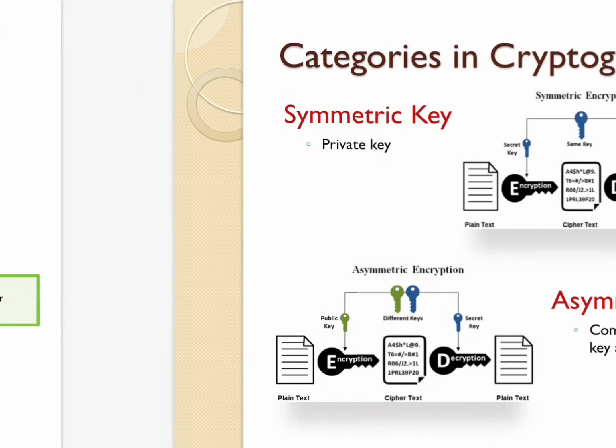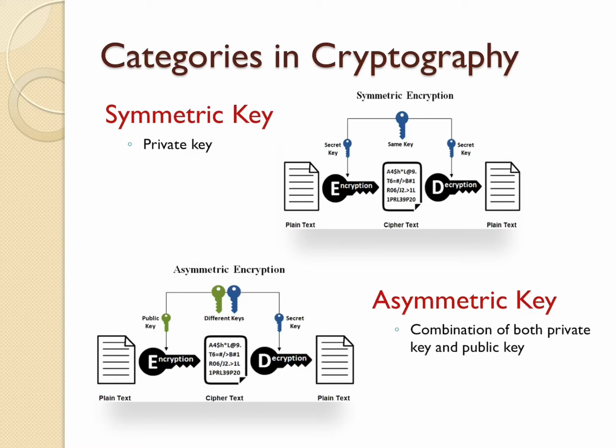Now we are going to see the next slide, categories in cryptography. We have two categories, that is symmetric key and asymmetric key. In symmetric key, we are using a private key. So both the sender and the receiver share the private key.